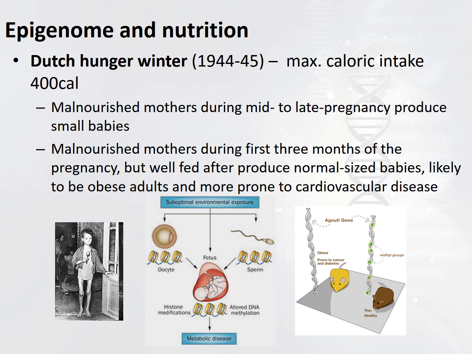So feeding unmethylated agouti mice a methyl-rich diet can recover their methylation status, and they will have healthy, normal weight pups. So this study shows how the nutrition status of a person can change their epigenetic status, and how it can have a long-lasting impact on the health of a person.